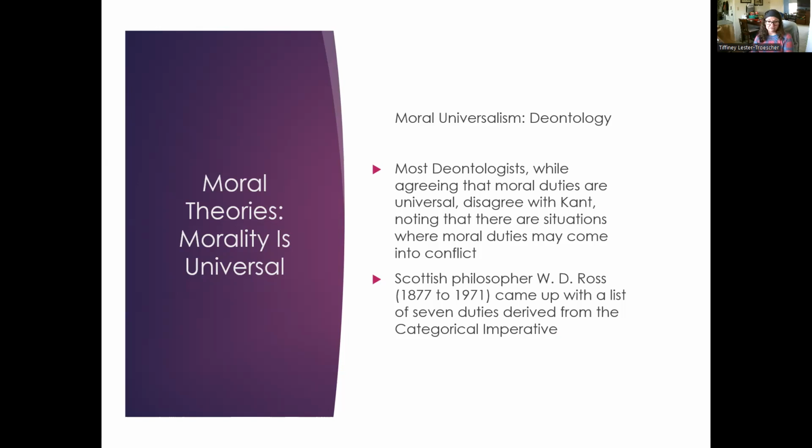So this other philosopher, W.D. Ross, comes up with a list of 7 duties that are sort of derived from the categorical imperative. That way, if you run into a situation where moral duties come into conflict, how can we sift through those while keeping the categorical imperative in mind?